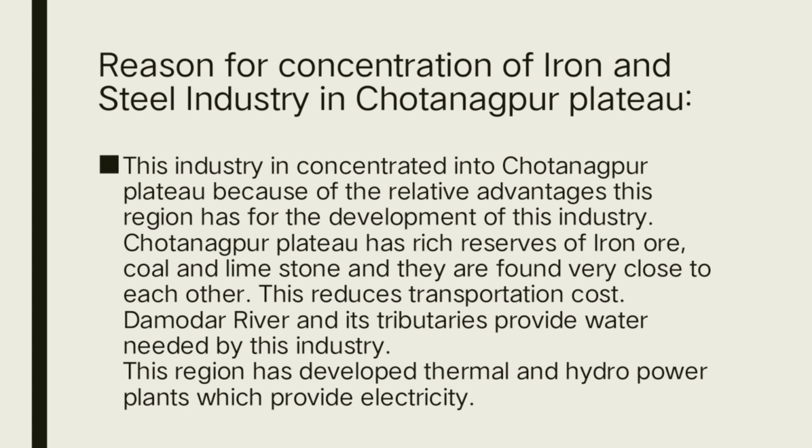The reasons for the Chota Nagpur region being the center for the iron and steel industry: this industry is concentrated here because the advantages are that we have rich reserves of iron ore, we have availability of coal, limestone, coking coal, everything available in closeness or vicinity to each other.